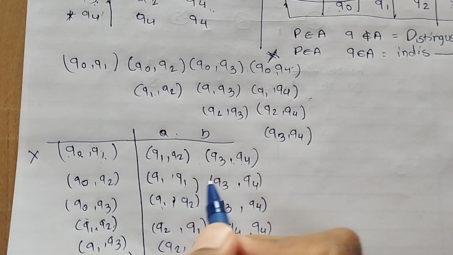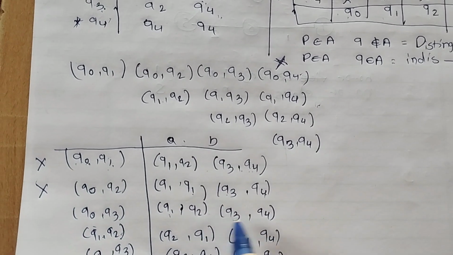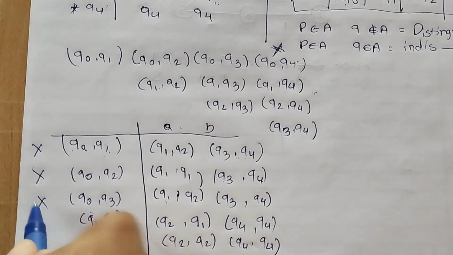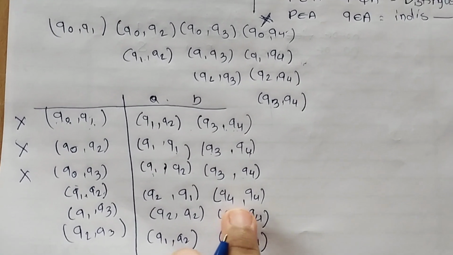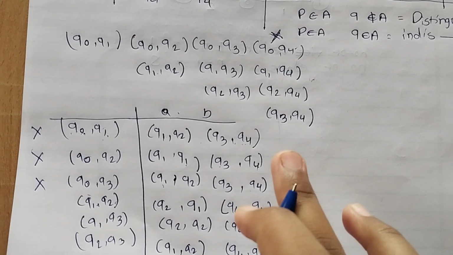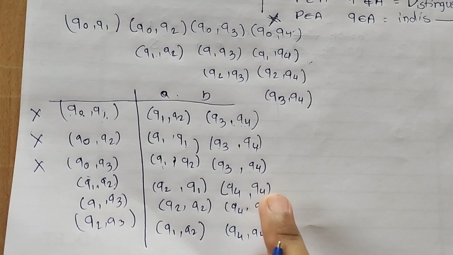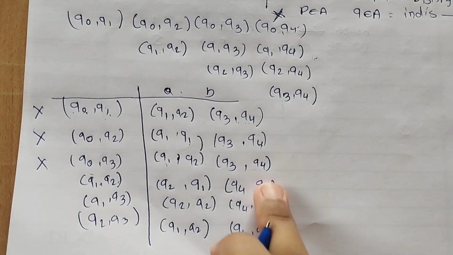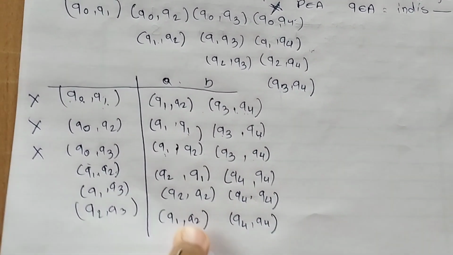Then again Q1, Q3, Q4: single Q4 is present, cross. Single Q4 is present, cross. If double Q4 comes, then we do not cross the pair because it is indistinguishable. We only want to cross distinguishable pairs, not indistinguishable ones. So Q4 with Q4 will not be crossed. Here also a single Q4 is present.